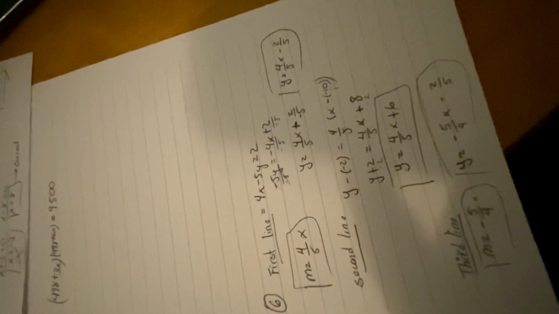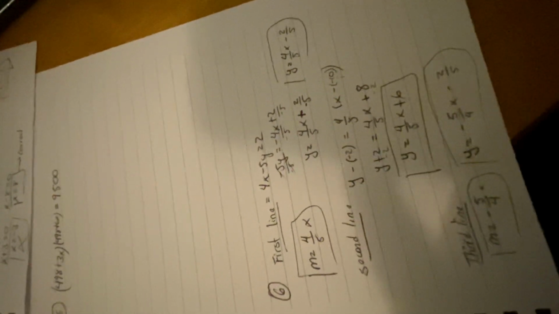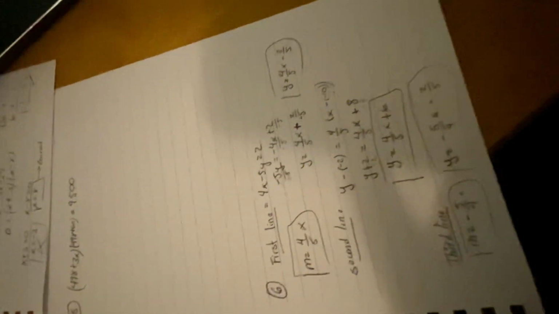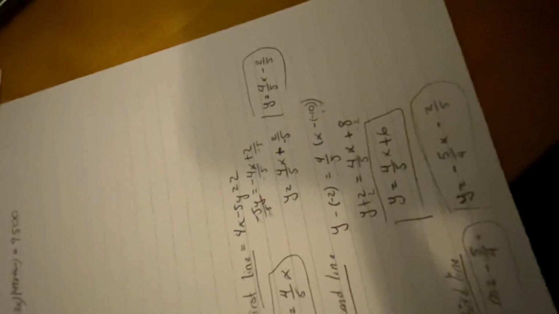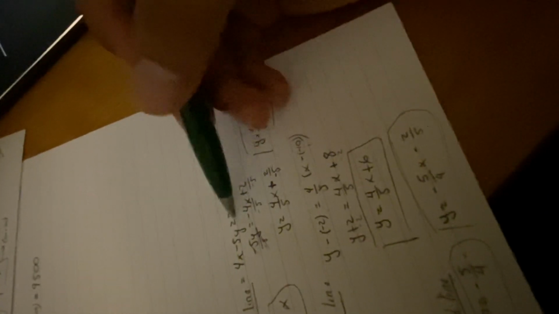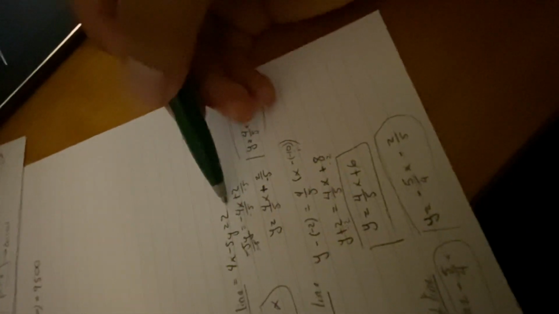So for number 6, it was saying use the 3 lines described below to answer the questions. So the first line is 4x minus 5y equals 2.